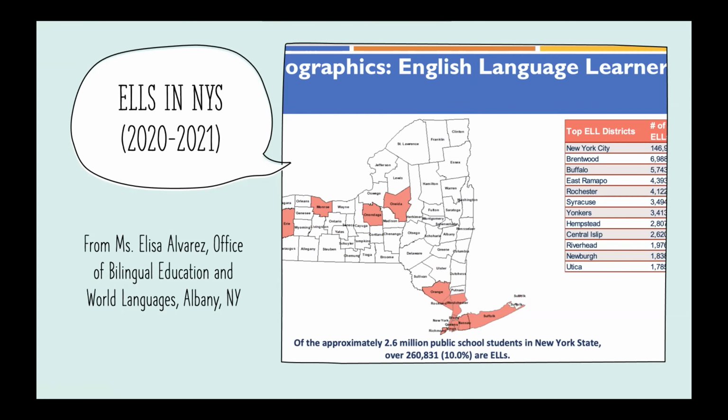Those red areas show the most English language learner populations. Based on our common knowledge, English language learners are most likely located in urban contexts, like cities, but we still see increasing English language learners in the suburban and rural areas.